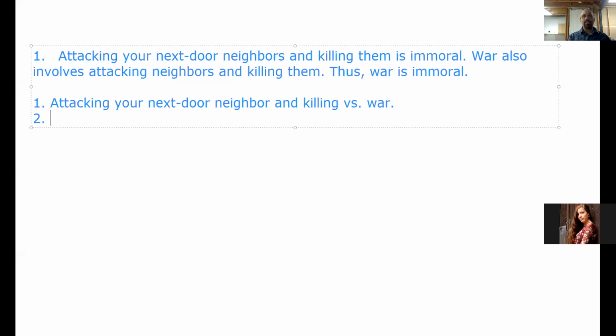Step one. Okay, how are these two things related? Well, both of them involve violence. Both involve death. And both, I suppose, involve deaths of people who are near you in some vague sense of the term.